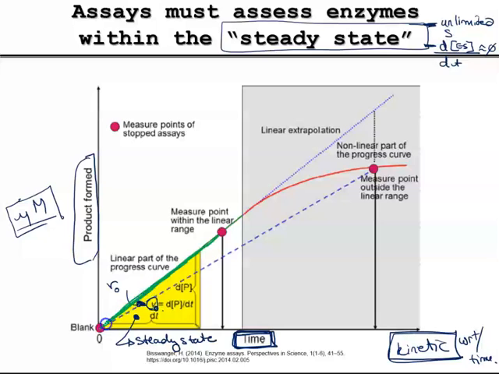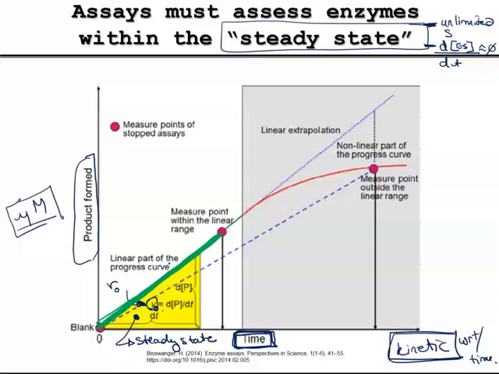If it's not linear and you're doing a continuous assay, you'll see it immediately because you're monitoring the formation of product in real time. But you need to also make sure that you're working in the steady state when you're doing a discontinuous assay too. So you only work in this area.